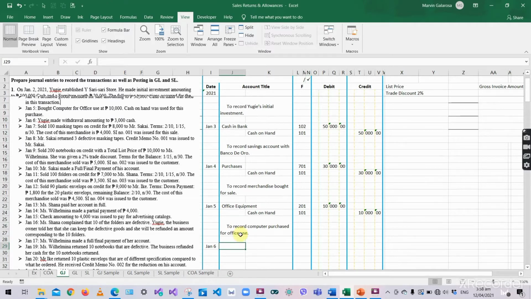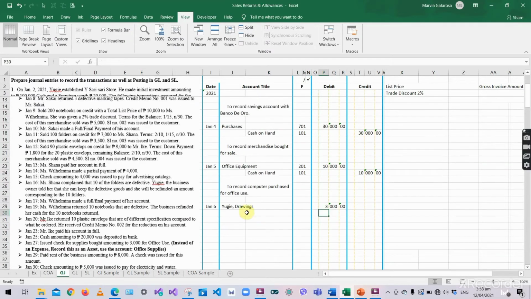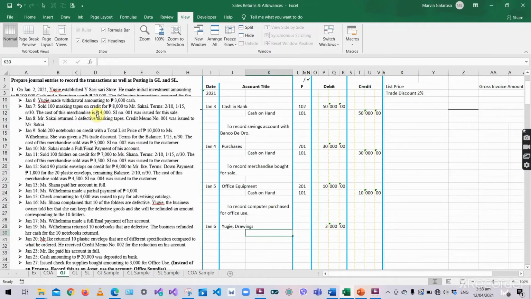So, we debit Yugi drawings amounting to 3,000. Credit. Ang winidro niya is cash. So, mabawasan yung ating cash on hand. Credit cash on hand, 3,000.